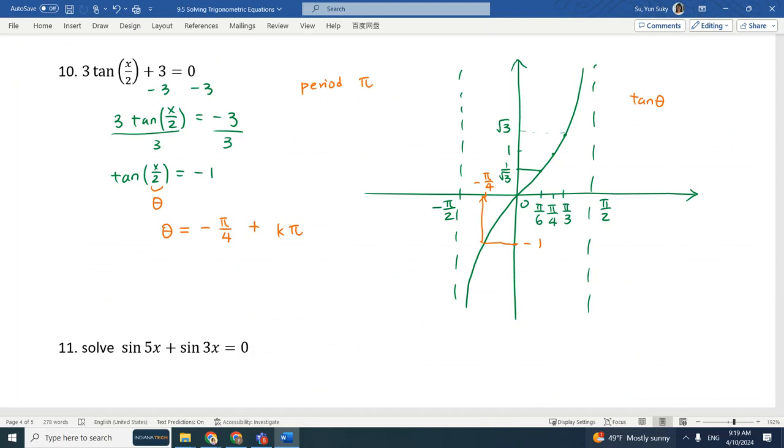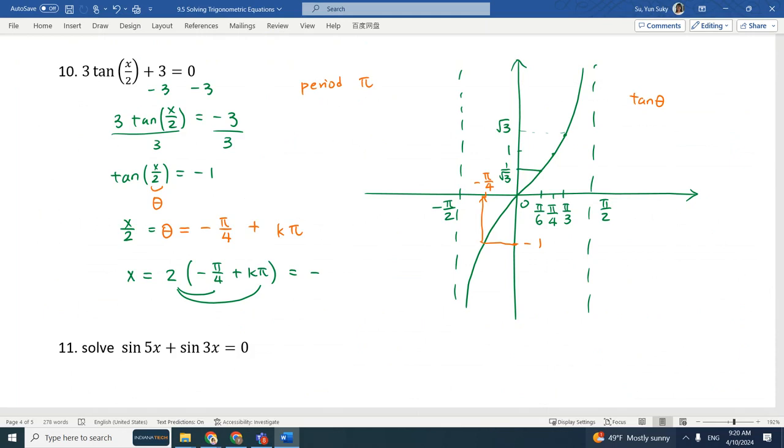Okay? So no matter what angle here, you just call it theta because you know the graph of tangent theta. So after you figure out the theta, you can come back. Yes. So theta is x over 2. How do you solve for x? Multiply by 2. So 2 times whatever above. Do you see when you distribute?